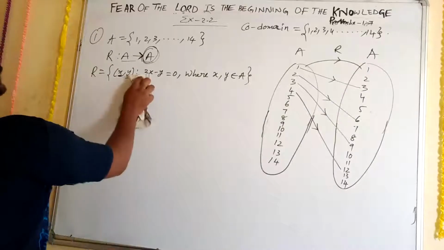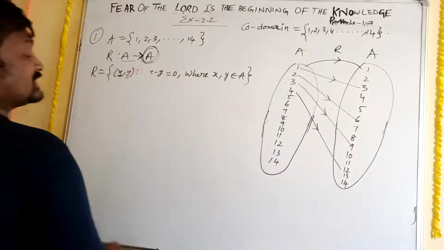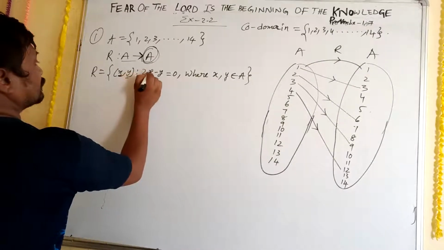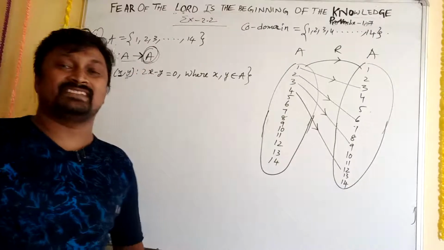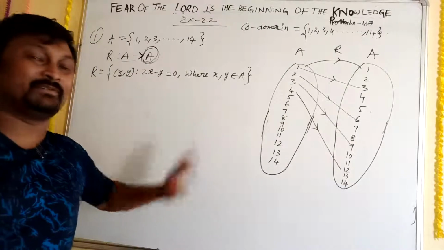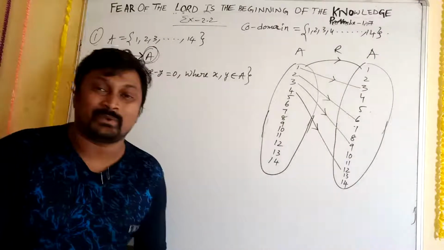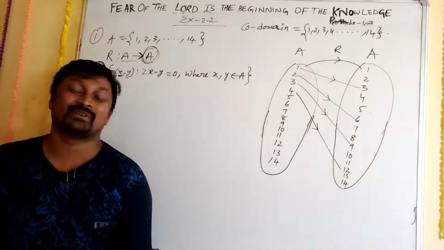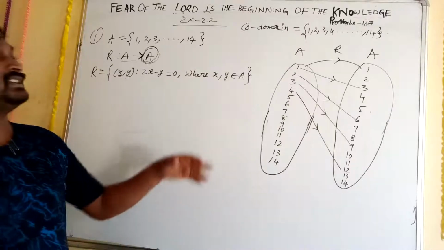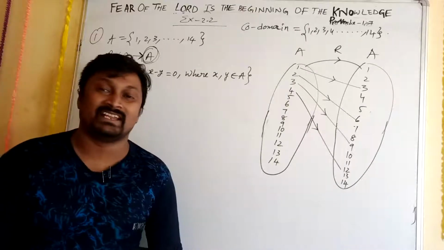So now in this question, they have given 2x minus y is equal to 0. What is your answer? Inform me now. What is your codomain? First codomain, inform me, then domain and range you can solve and inform.